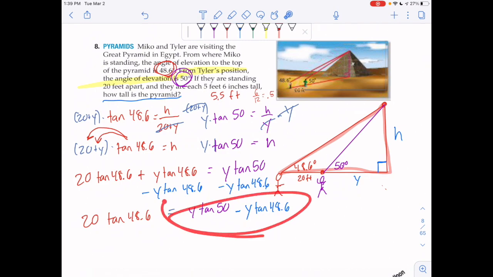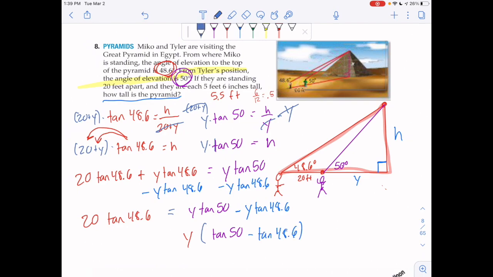So this here is pretty nice now because there is a common factor. The common factor is that y. So I can factor that y out. So now inside I'm left with tangent 50 minus tangent 48.6. Boom.